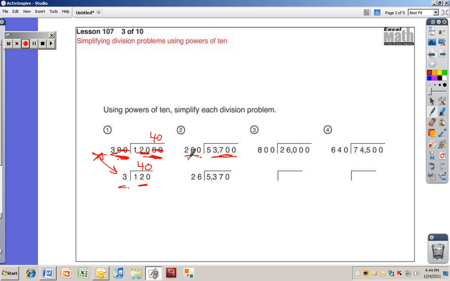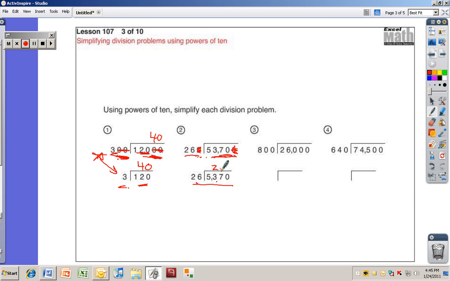So what's 260 divided by 10? 26, right? I'm getting rid of the 0. What's 53,700 divided by 10? 5,370, right? Getting rid of a 0 on both sides. Okay, and they show that to you right here. Now I've got a little simpler problem to solve. 26 goes into 53 how many times? Once.